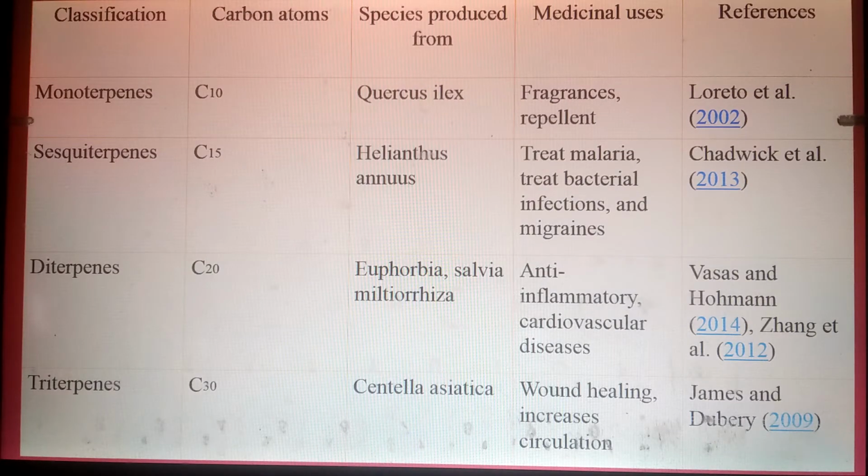The classification of the plant terpenoids: monoterpenes, which are obtained from the Quercus species, and fragrance, repellent uses you can see here, and the reference of that article, and sesquiterpenes, which are obtained from the Helianthus annuus, then the diterpenes, Euphorbia species, Salvia species, and triterpenes, which are obtained from the Centella.